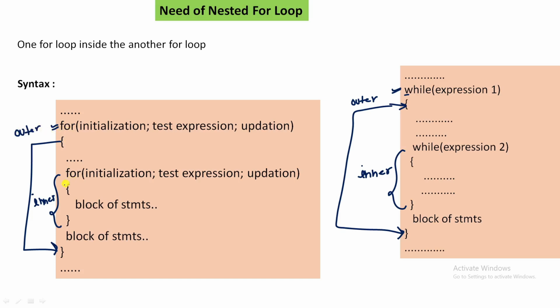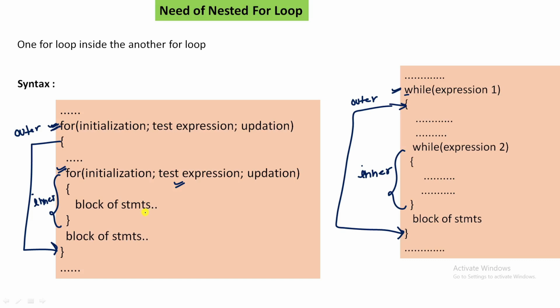So this for loop is nested, contained inside this outer for loop. In this way we can do the nesting of for loop also.